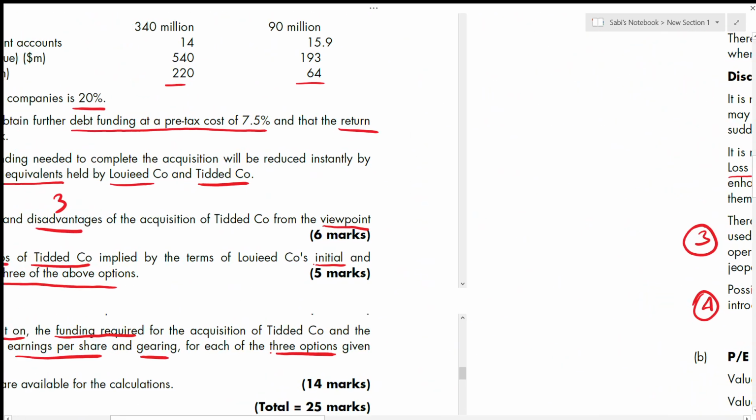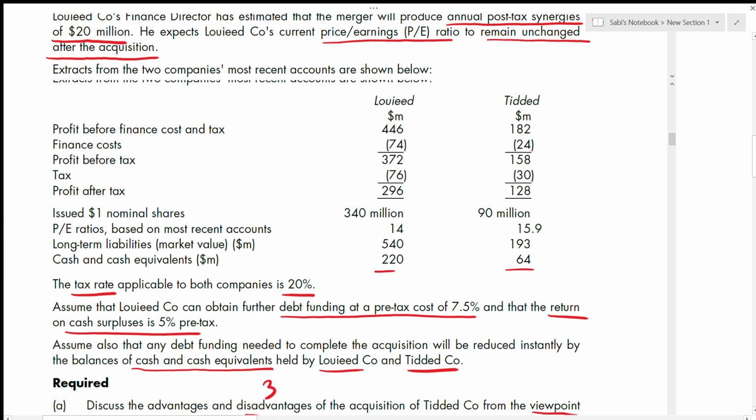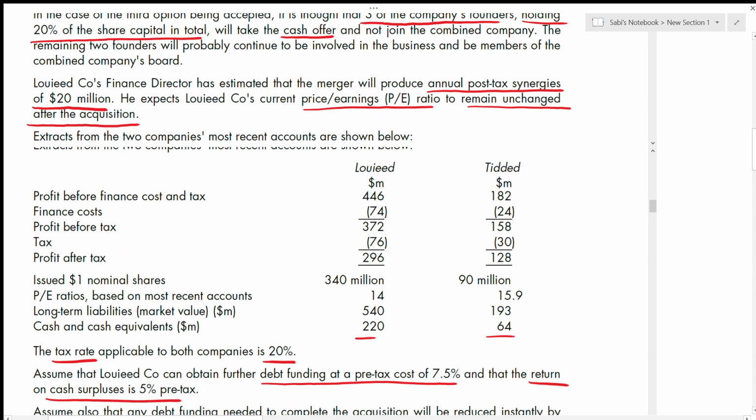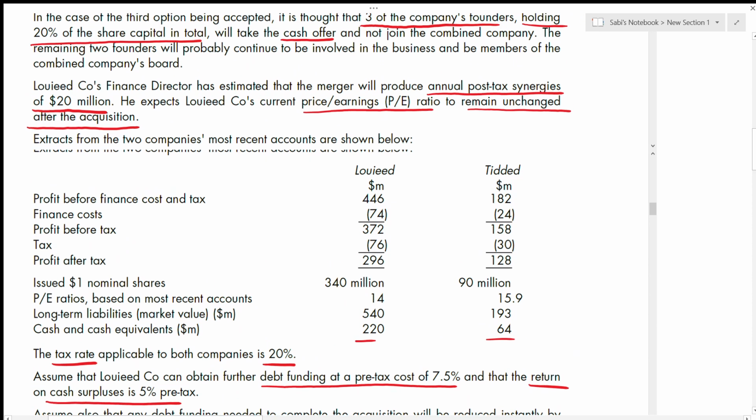Now, let me take you to this table. You need this table. Price per share. You are given the number of shares, but you are not given the price per share anywhere. Are we given the earnings per share? No, we are not given the earnings per share.